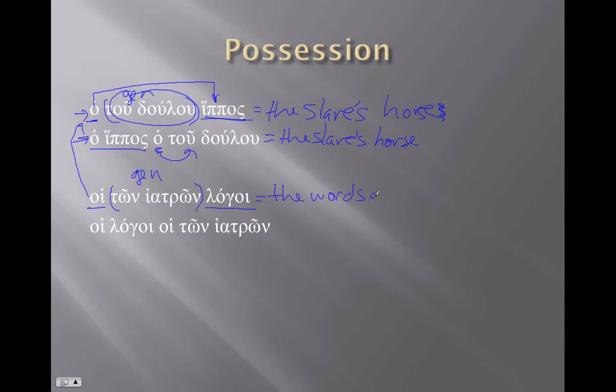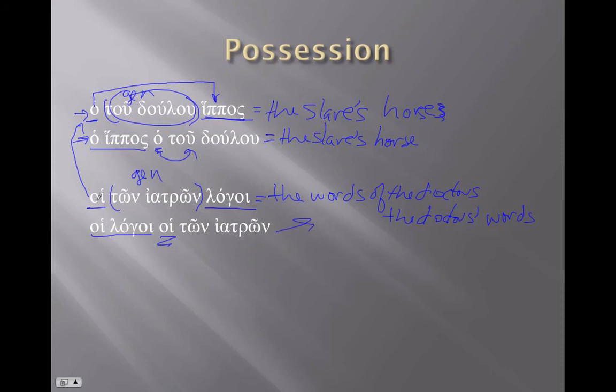Or the doctors' words. And the same thing here that we did in our second example, hoi logoi hoi tōn iatrōn. We've repeated our article, hoi logoi. Which ones? The ones of the doctors.